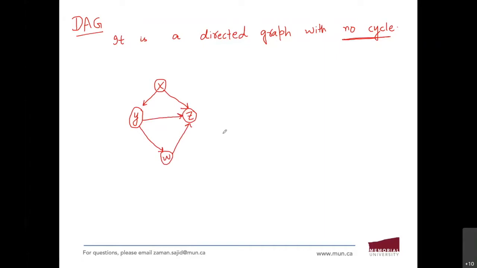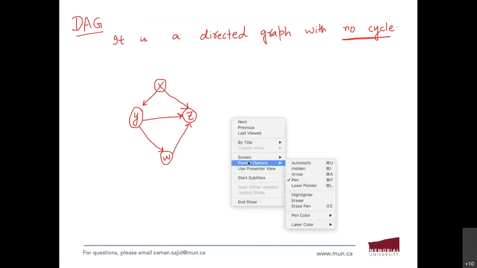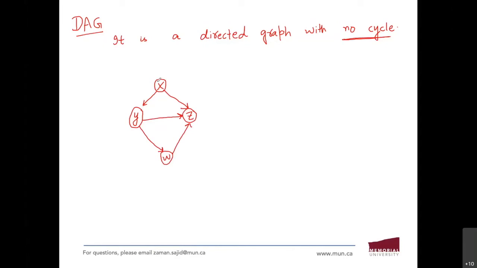Now, if you want to see whether there are any cycles or not, let's say we start from here. So x is going into y, whereas y is going into z and w. From z, you can see it is not coming back to x, so it is not a cycle. Now from w to z, we have one path here, but again it is not back to x. So we can say that there is no cycle here.